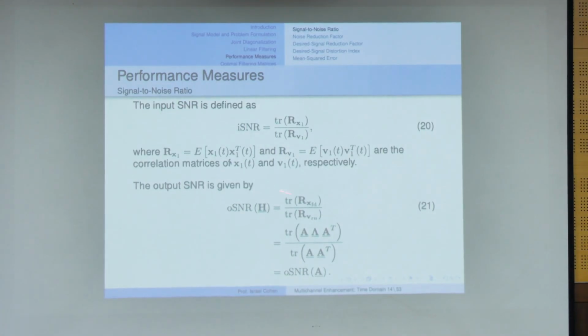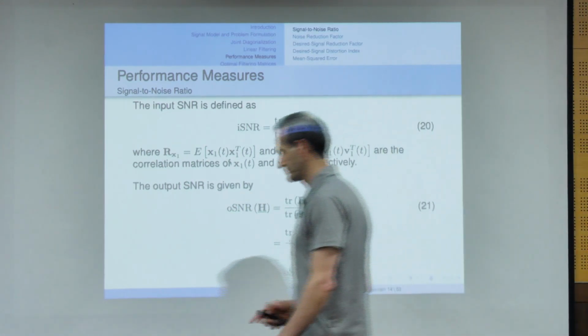That's why when we optimize, we want to formulate things as a function of A, and everything else we assume that we know. If we don't know, we need to estimate it.